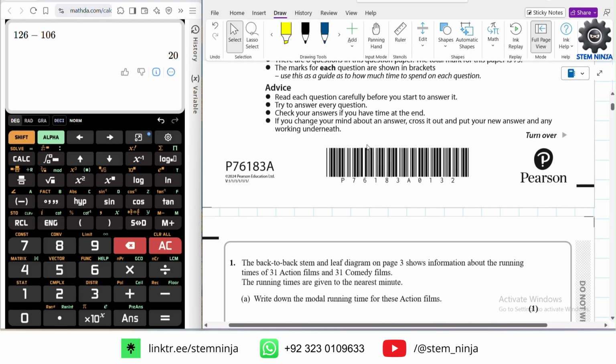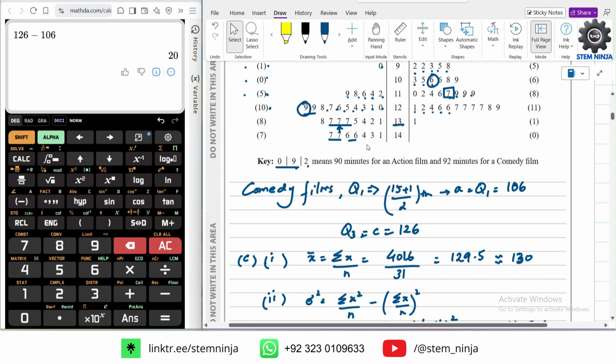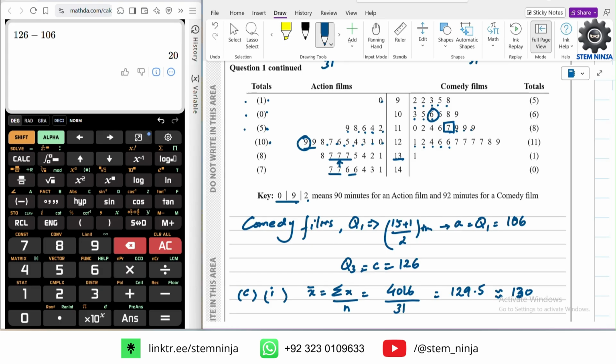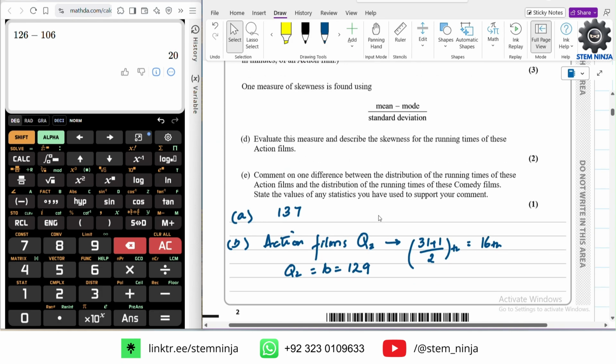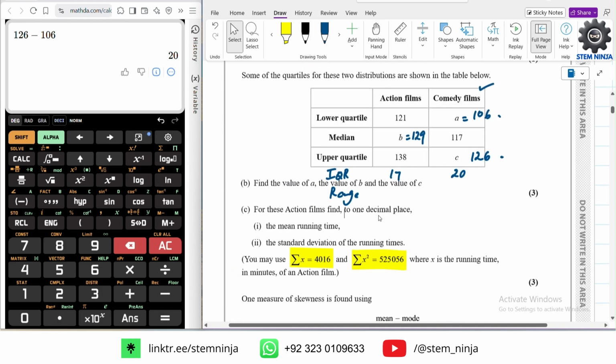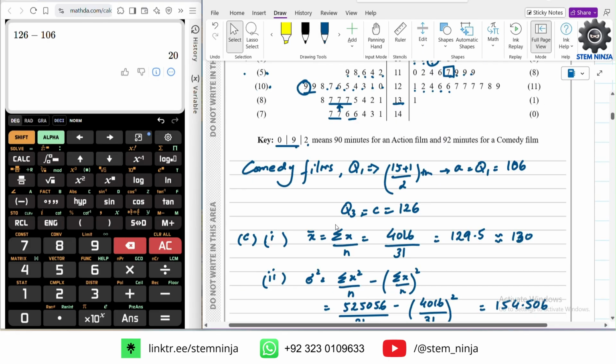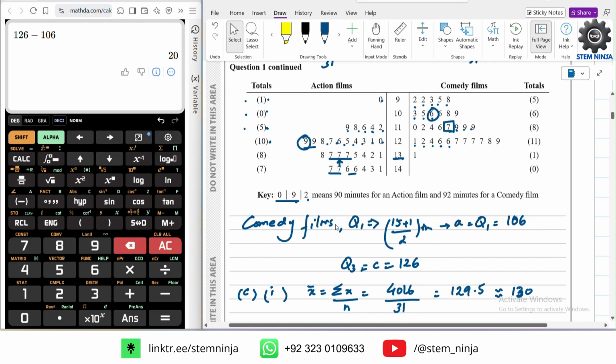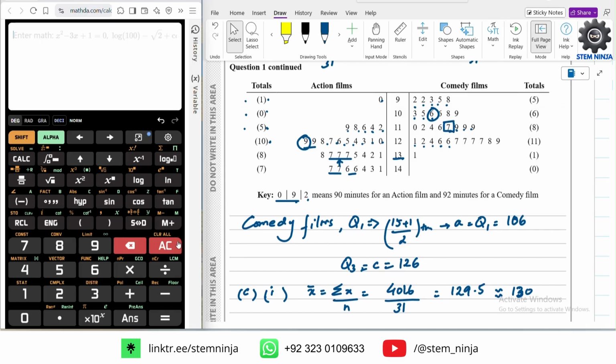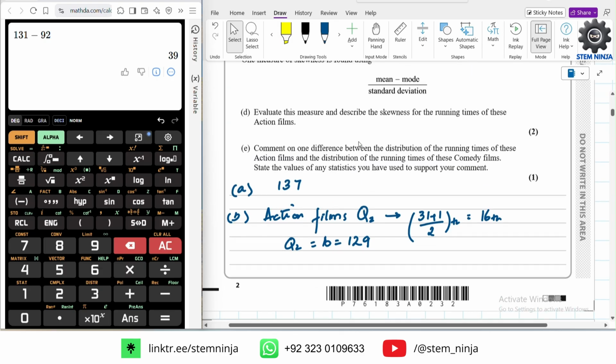So range of action films, sorry, where did it go? It is from 90 to 147. Okay, so 157 basically. And on the other side, 92 and 131. So 131 minus 92. Wait a second.